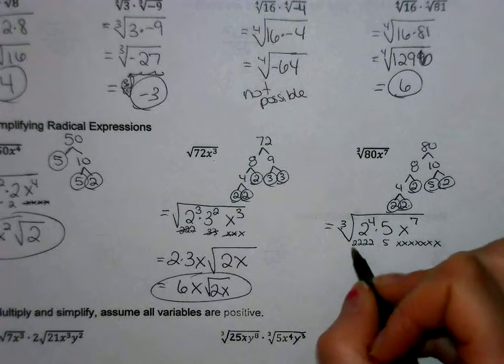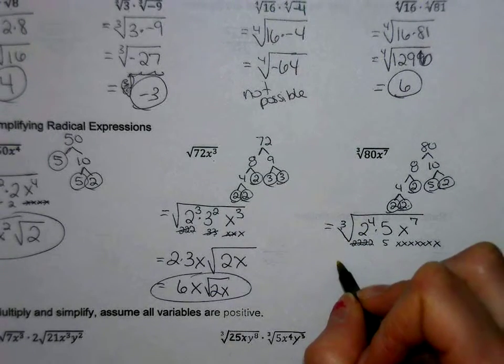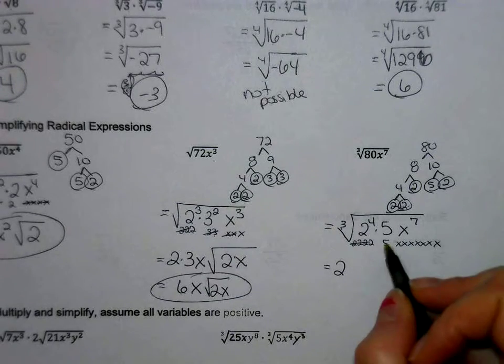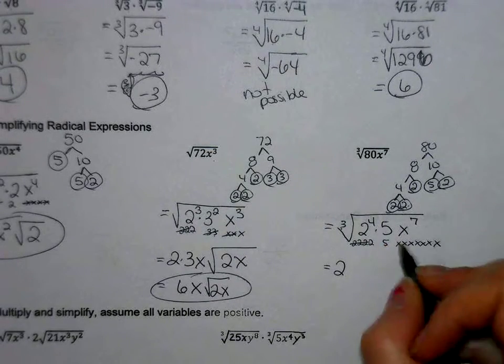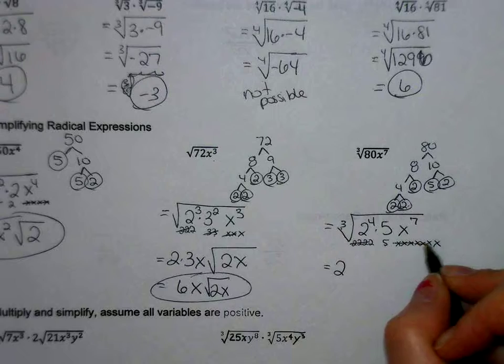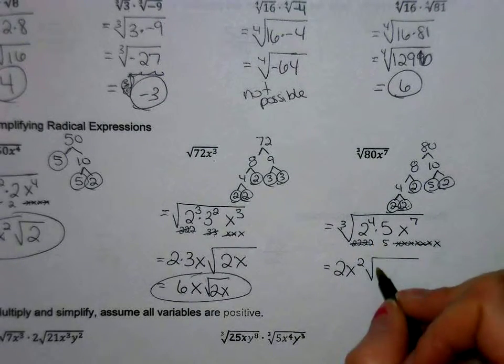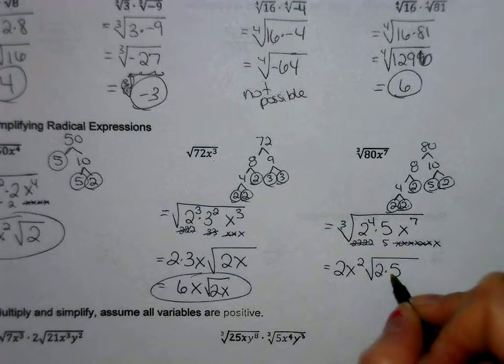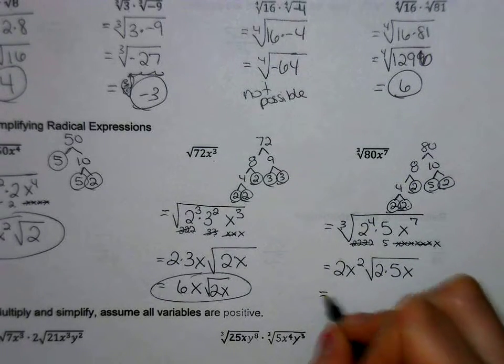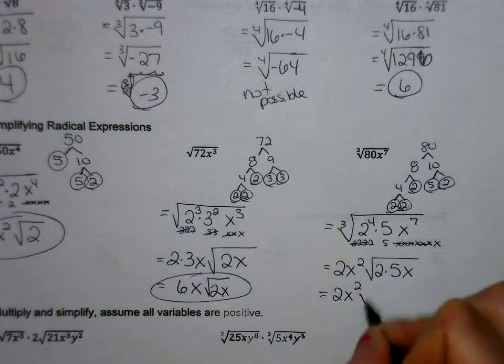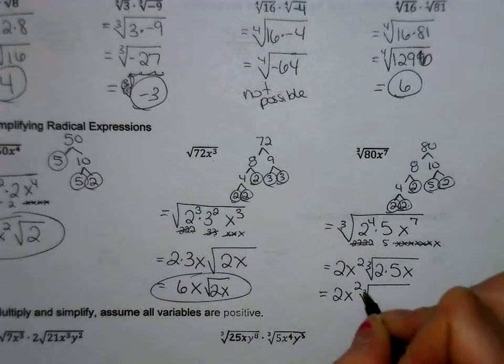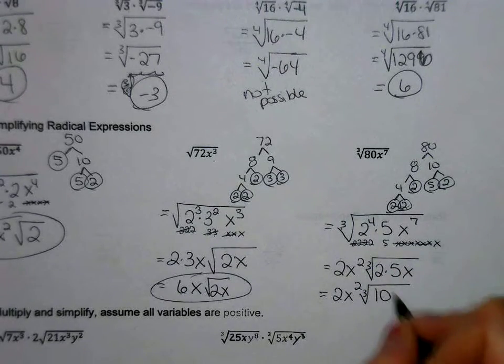So if we look at 2 to the 4th, that means we have one group of 2 3's. Can't pull out 5 because we don't have 3 of them, but we have 2 groups of x's. And what we have left over is a 2, a 5, and an x. So when we simplify this further, that's a cube root. 2 times 5 is 10x.